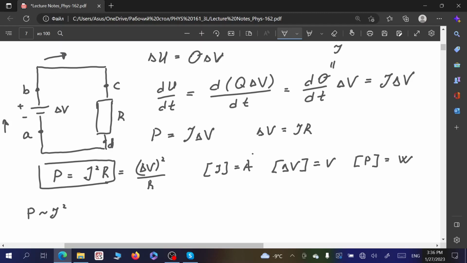Let us assume that we have some constant resistor which we cannot change, so we cannot make it smaller, and we want to have the minimum possible energy loss over this resistor.